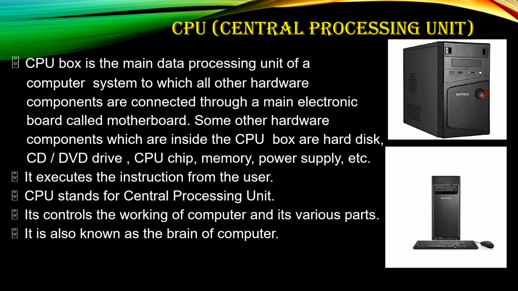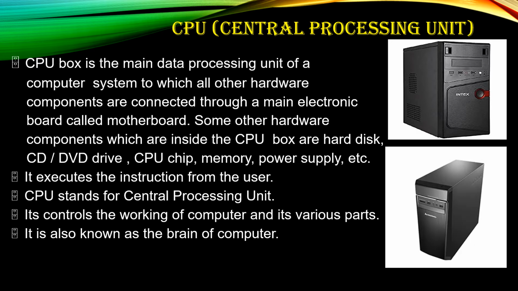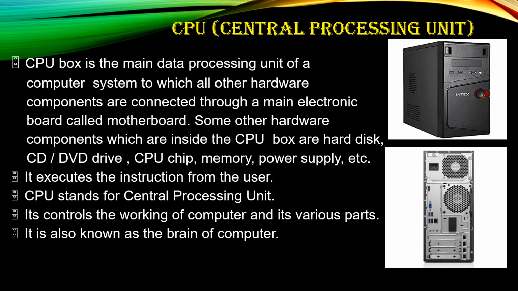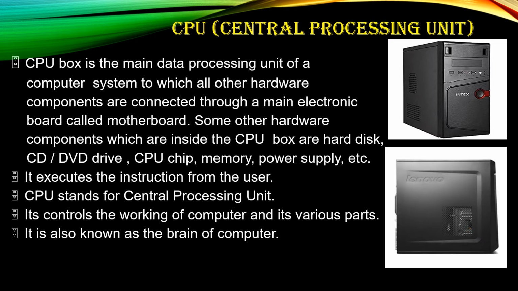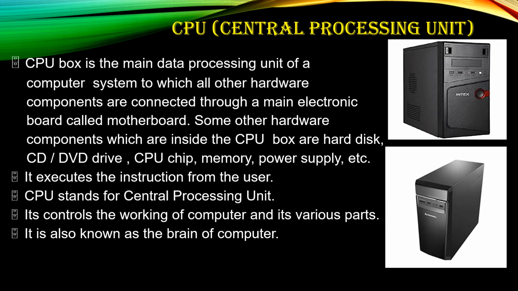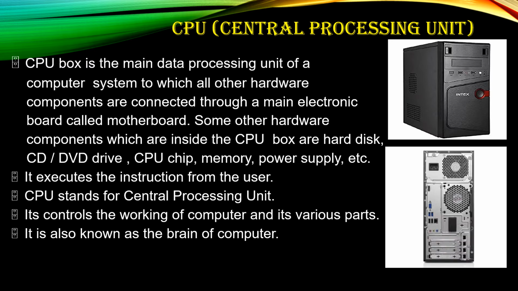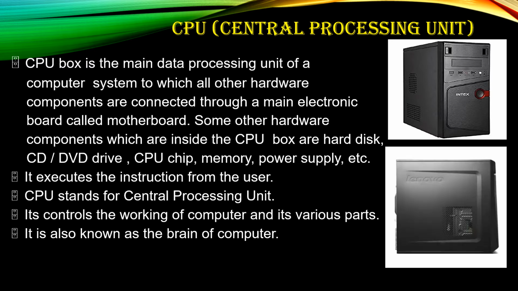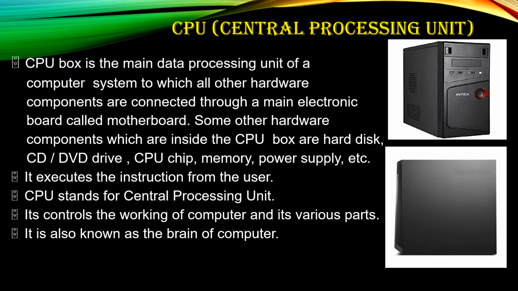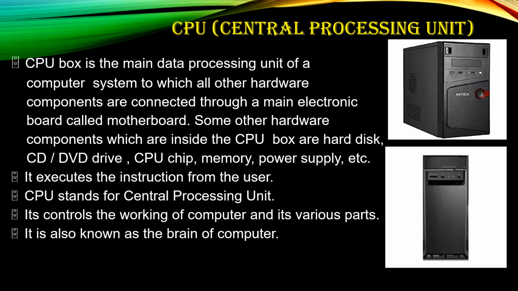Some other hardware components which are inside the CPU box are hard disk, CD/DVD drive, CPU chip, memory, power supply, etc. It executes the instructions from the user. CPU stands for Central Processing Unit. It controls the working of the computer and its various parts. It is also known as the brain of the computer.